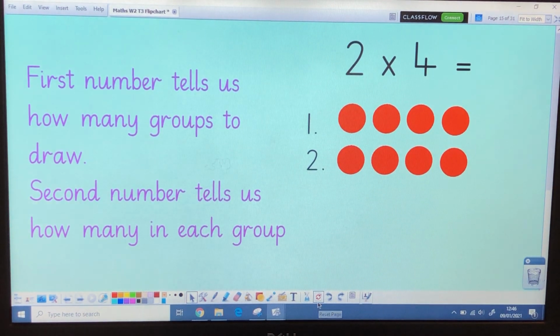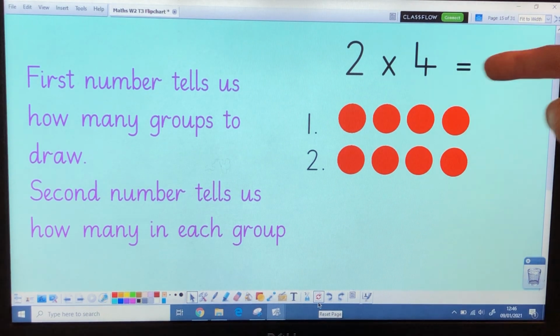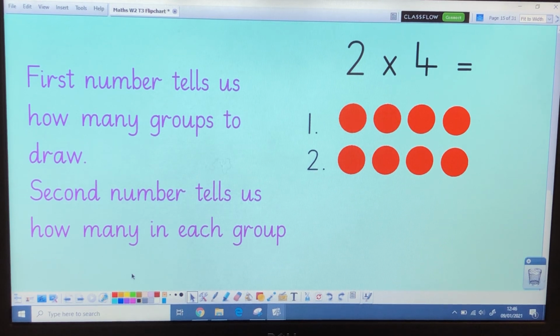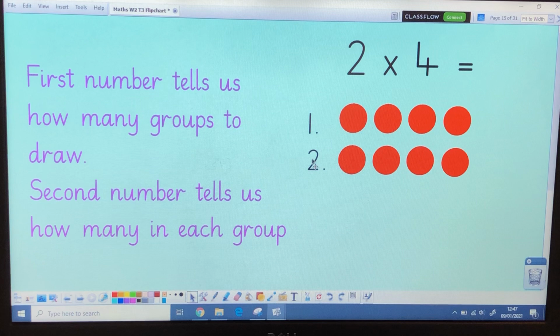Okay, so here's how we use them. When we've got a multiplication sum, like the one at the top, we've got 2 times 4. Now the first number tells us how many groups to draw, and that's 2. So I've written 1 and 2 down the side to help me remember the amount of groups that I need. And the second number tells us how many are in each group, and that's 4. So I've drawn 1, 2, 3, 4 counters in one group, 1, 2, 3, 4 counters in the next group.